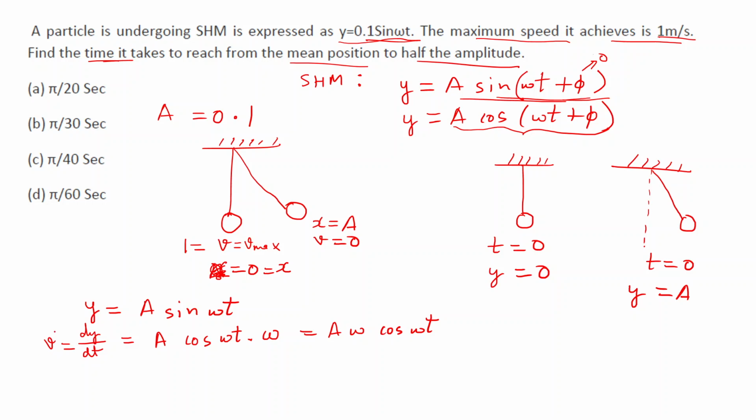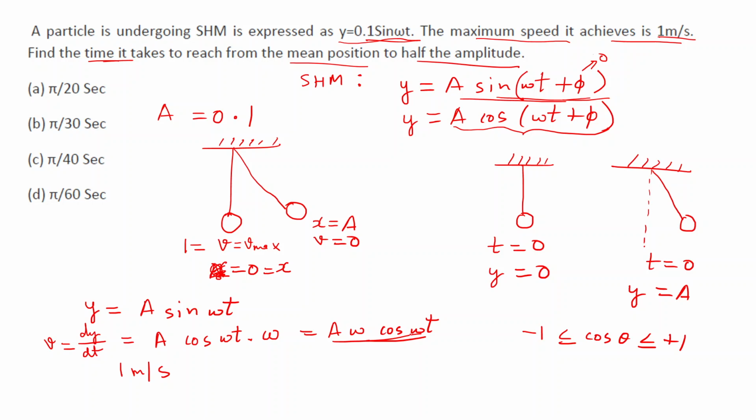We know dy by dt is velocity. Now we know what V maximum is: V maximum is 1 meter per second. Looking at this equation, you can see this value is maximum when cos omega t is maximum, and the maximum value cos can have is +1, because cos takes values between -1 and +1.